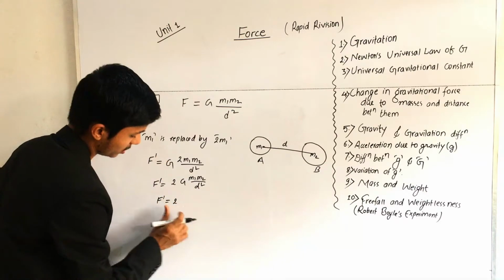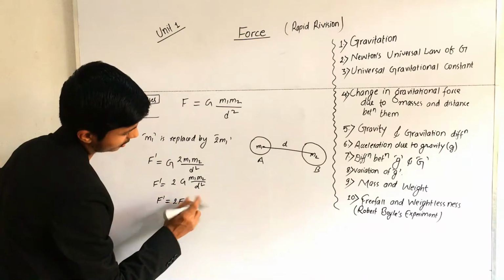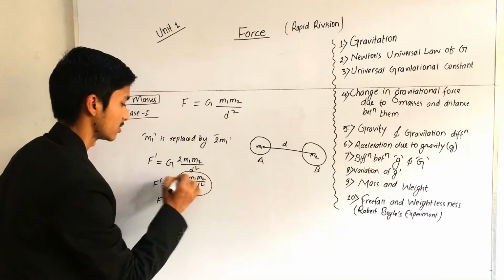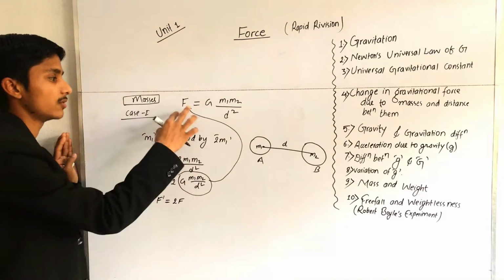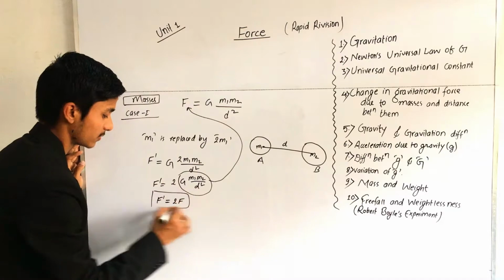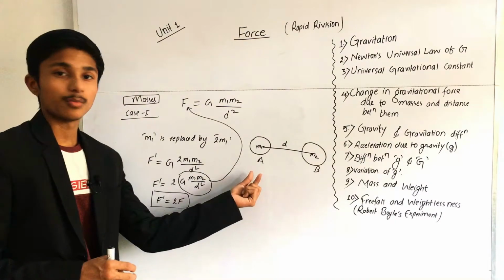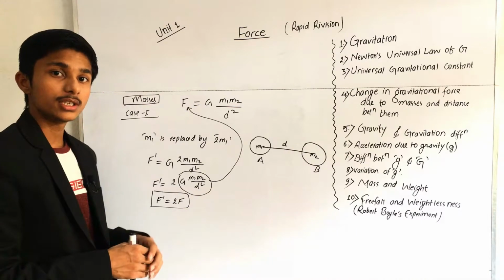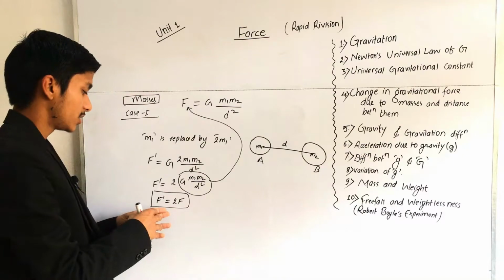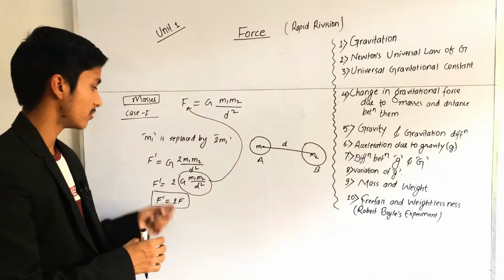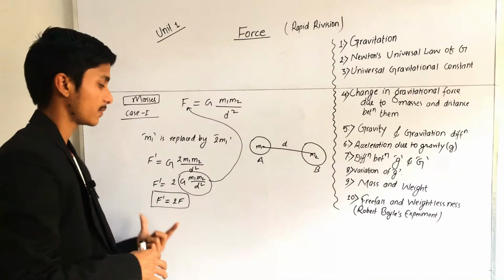This is the force after changing mass, and its value is 2 times F. As a conclusion, when mass of one body is doubled, the gravitational force between such two bodies is also doubled.